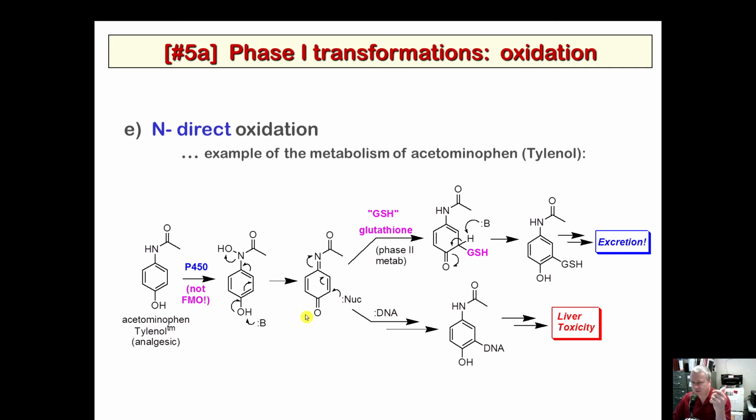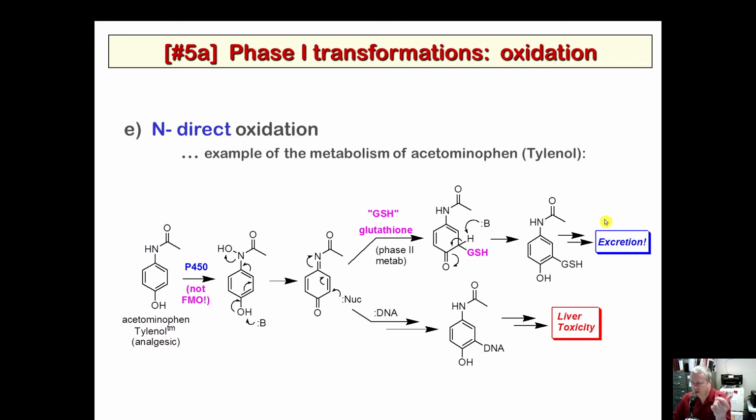And ideally what's going to happen is glutathione, which is our scavenger for biological electrophiles, is going to attack the carbon, kick the electrons in and onto the nitrogen, and basically re-aromatize the ring. And then we have glutathione attached, right? It's a small peptide type thing, and that is able to be excreted. So this is a nice healthy way to metabolize and excrete Tylenol.